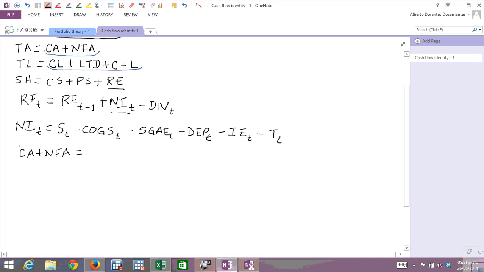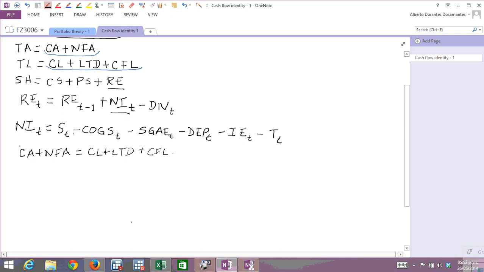Then this is going to be equal to total liabilities, which is equal to current liabilities plus long-term debt plus current financial liability.